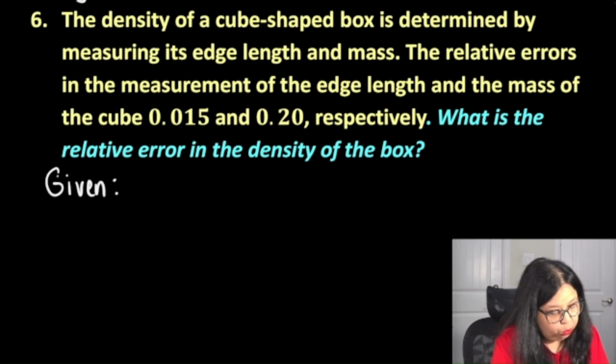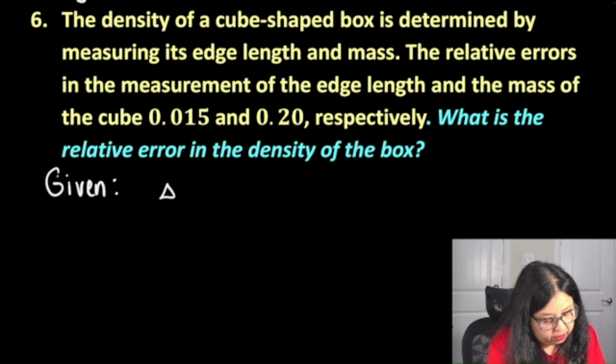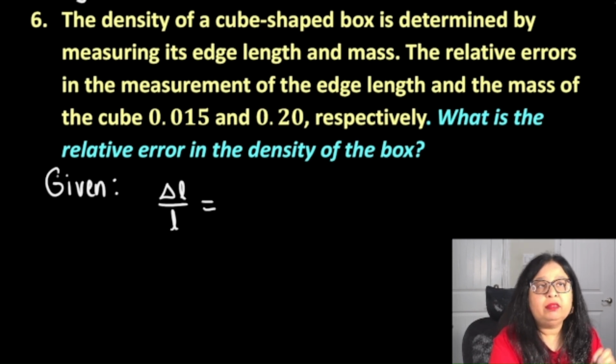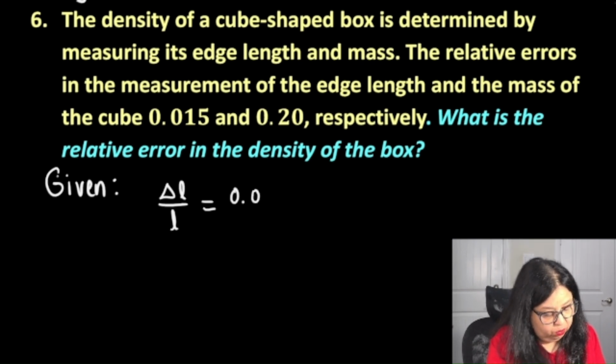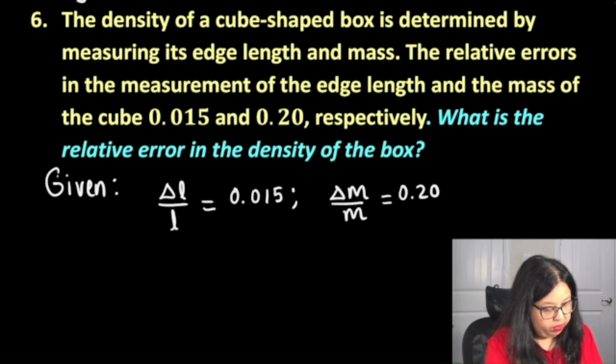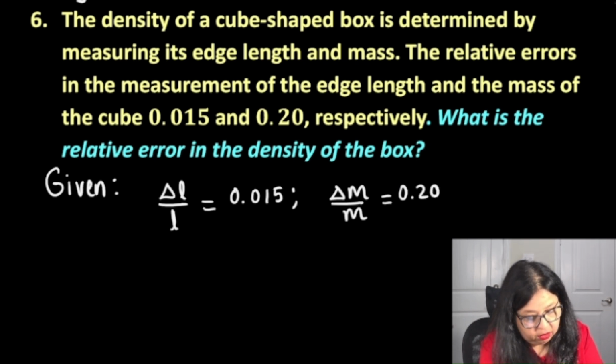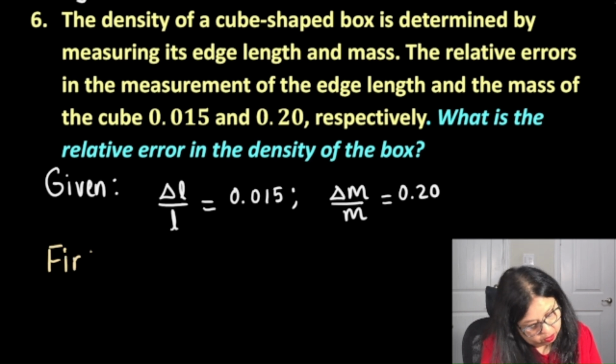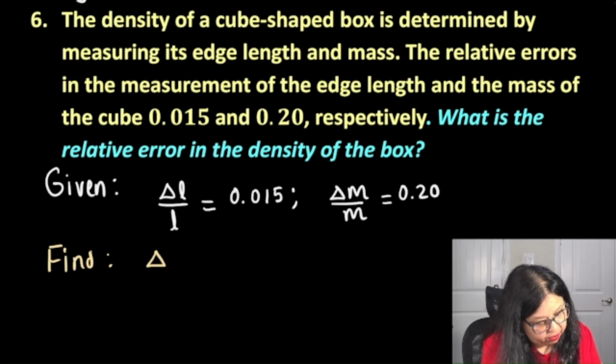This is a cube-shaped box and the relative error in the measurement of the edge length, delta L over L, if you wish, you can write this as delta L bar over L bar, is equal to 0.015 and the relative error in the mass is 0.20. Find the relative error in the density of the box.